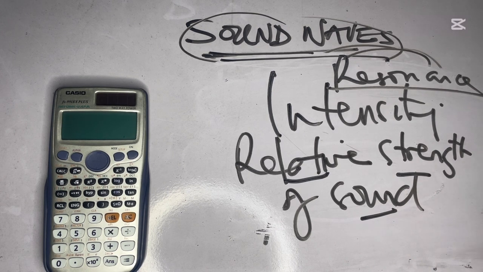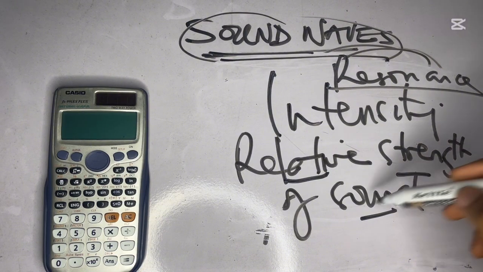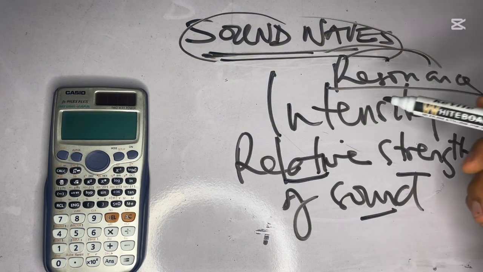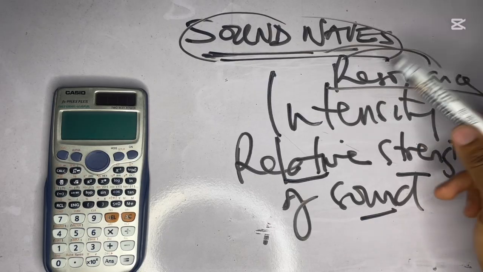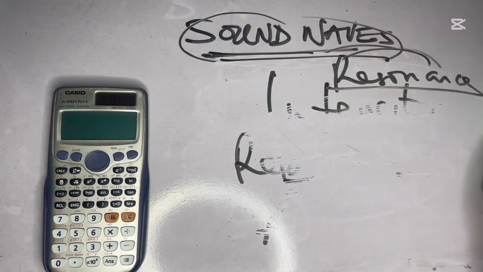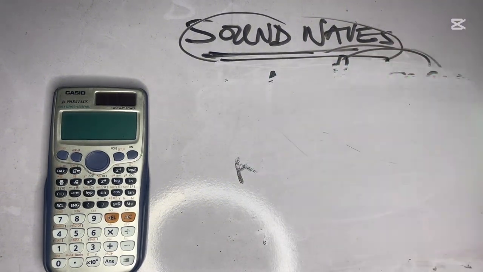That is what is called resonance, because every object has its own natural frequency. So when you use another frequency that is almost the same as the natural frequency, it leads to the formation of a maximum amplitude of vibration. That is what we call resonance.